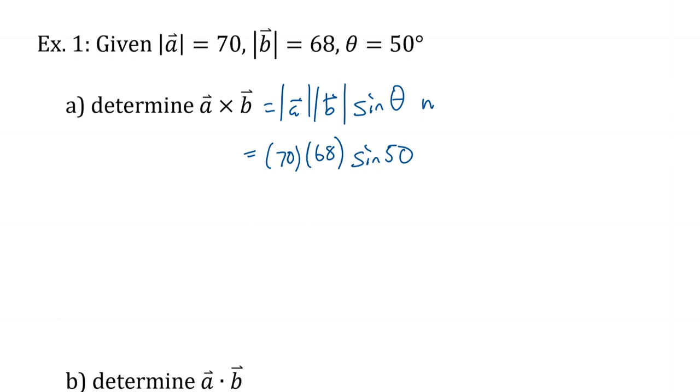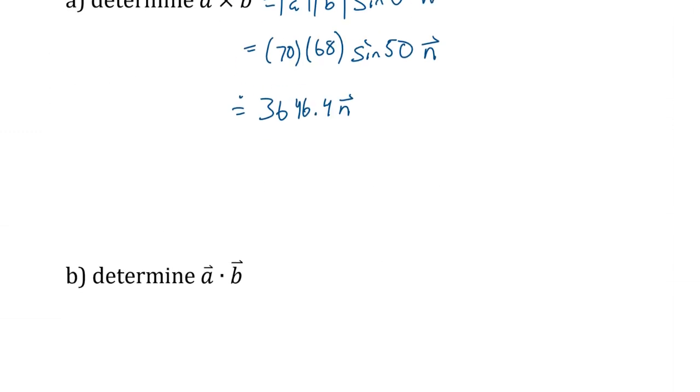Whoops, and I already forgot the unit vector n, and we include that all the way along, and this just works out to 3,646.4 times the unit vector n, and this is just punching into my calculator and getting that value, right?